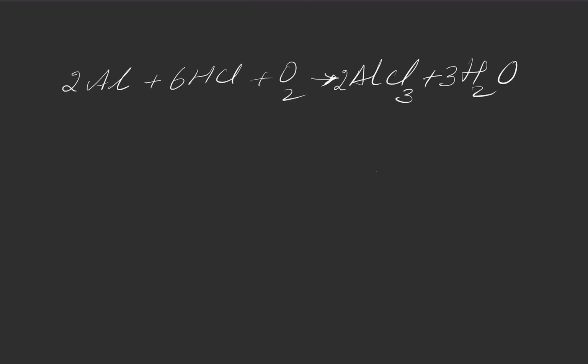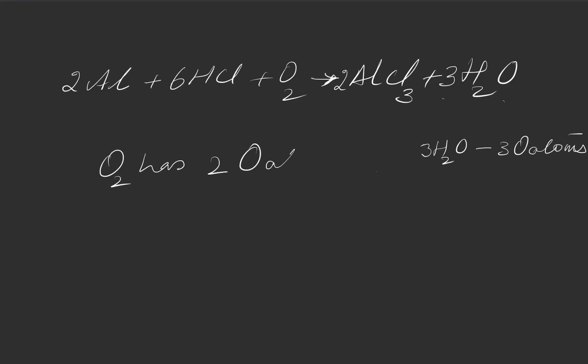On the right hand side, we have 3 oxygen, 3 H2O from 3 oxygen atoms. Here on the left hand side, we have oxygen. O2 has 2 oxygen atoms.